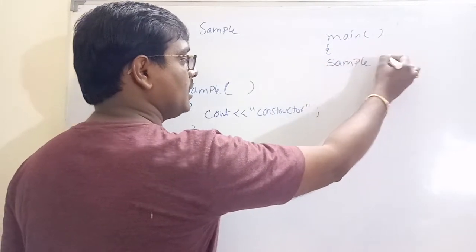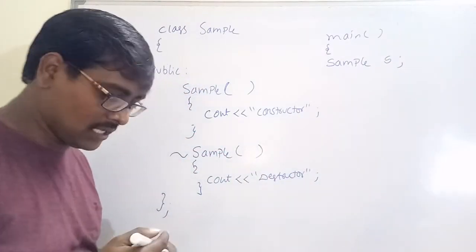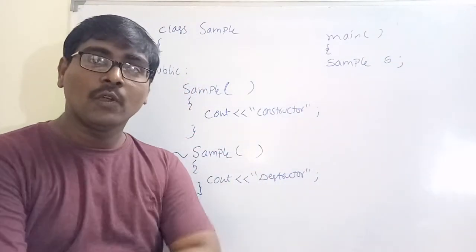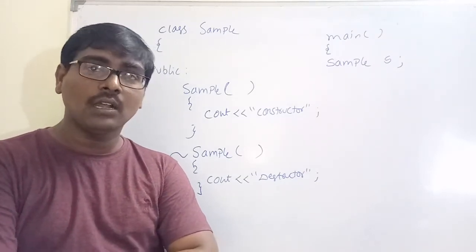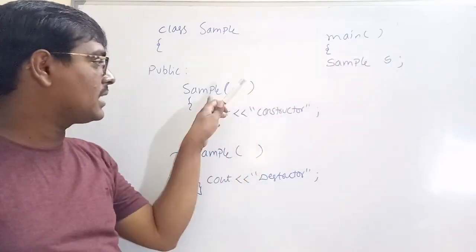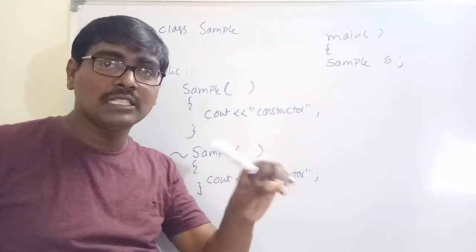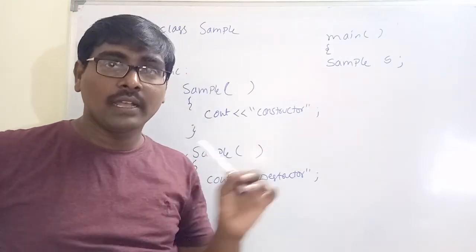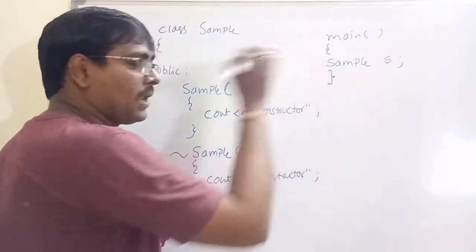Creation of object, sample s. Observe carefully. Whenever we are creating an object, the constructor is called automatically. So whenever I write this statement, this constructor is called, so the output constructor is printed on the screen.